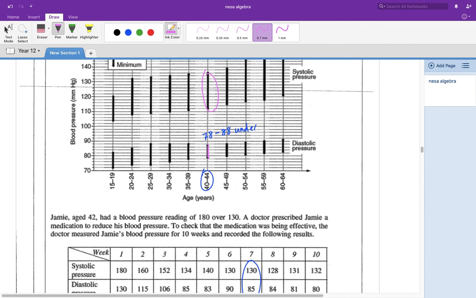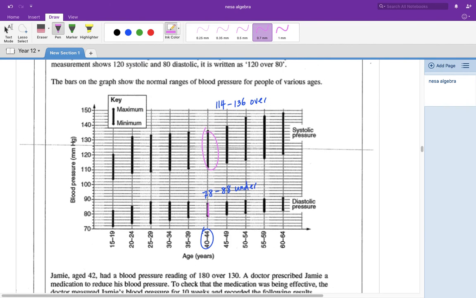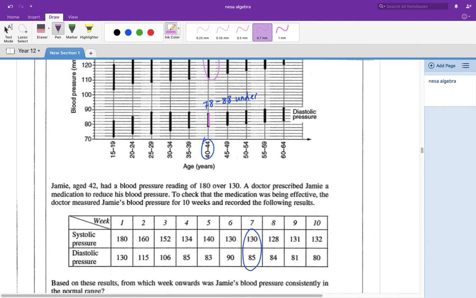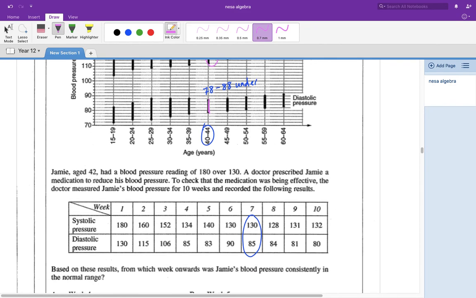So I'm looking for, first of all, the top pressure. It has to be in between 114 to 136. So really from week 5, that's when it starts, actually week 4 is when the pressure becomes normal, but then it goes back up again, right, for the top one.